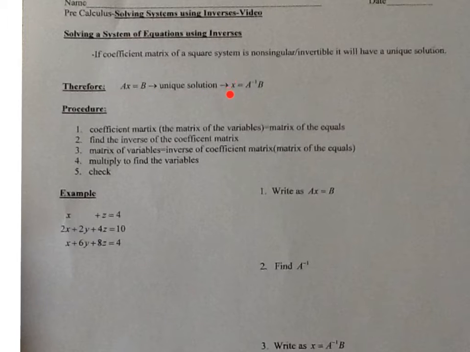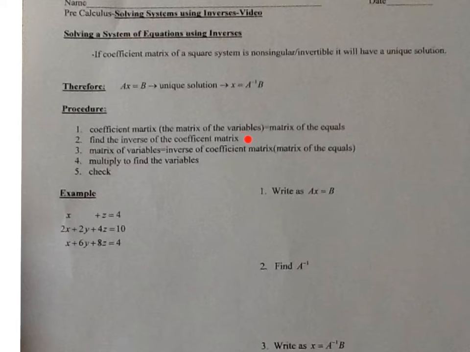Therefore, your variables are equal to the inverse of matrix A times what your systems equal as a matrix. So what we're going to do is set up a coefficient matrix and multiply it by the matrix of the variables, which equals the matrix of the equals. Then you find the inverse of the coefficient matrix.